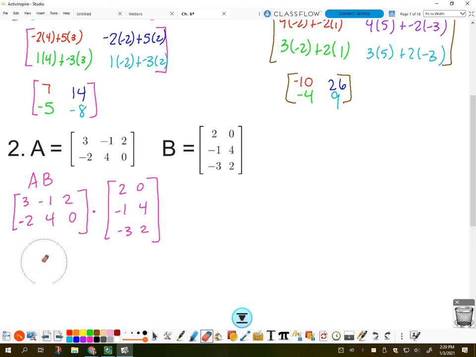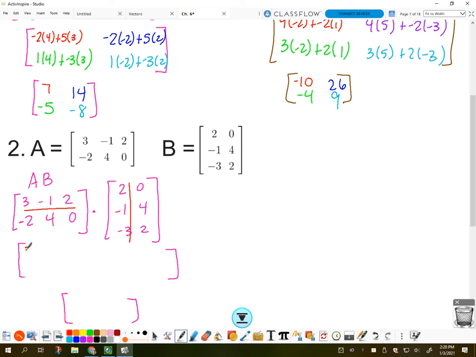I should probably smooth that over and give myself more room. And that is the 2 by 2. Alright, so first entry is this row times this column.